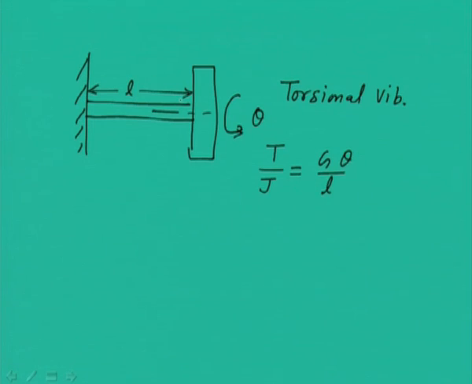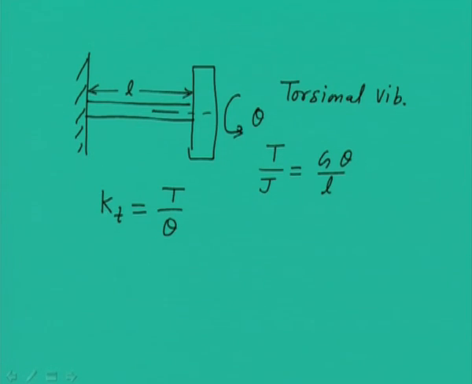Now we can define the torsional stiffness of the shaft as torque divided by angular twist. It is similar to the linear stiffness, in which we have force divided by linear displacement.